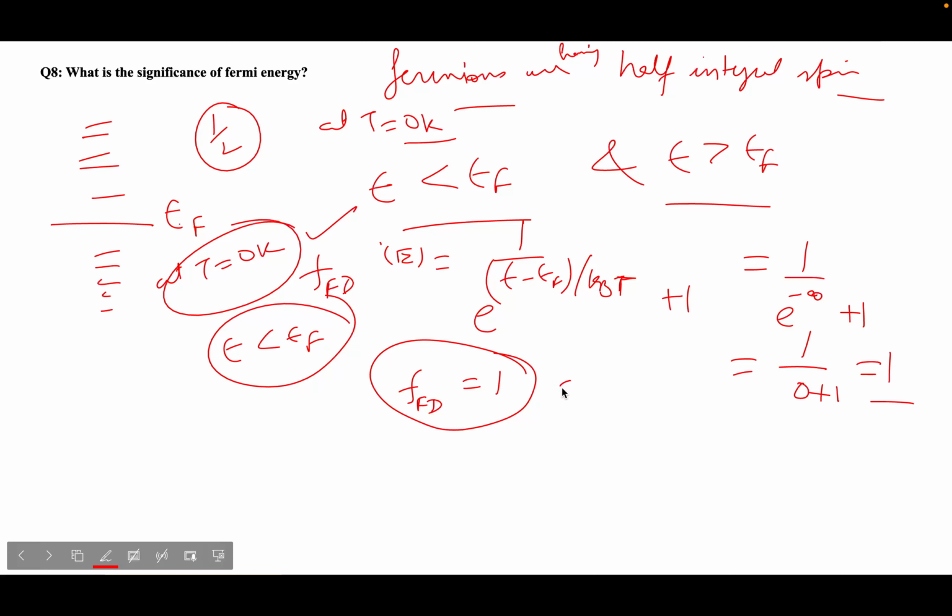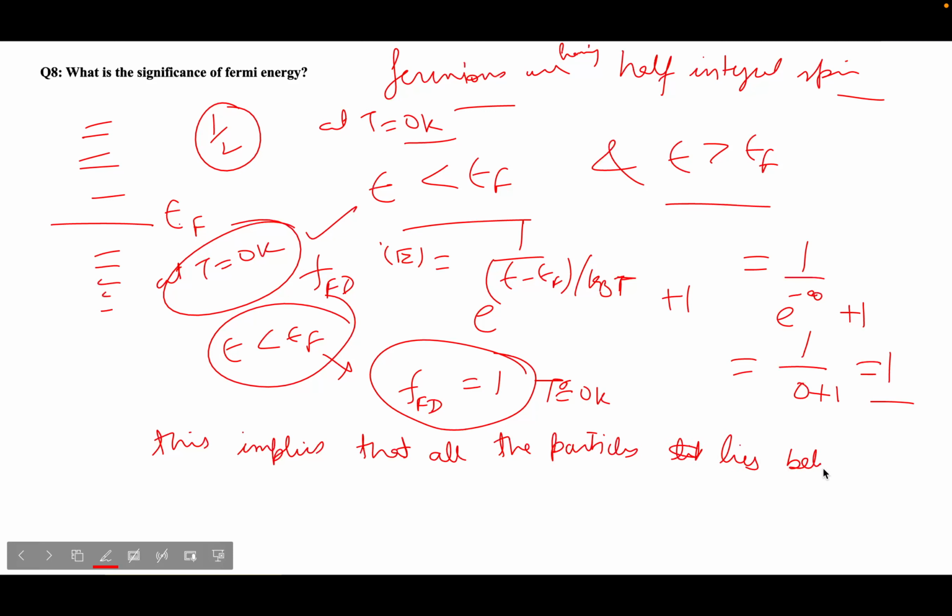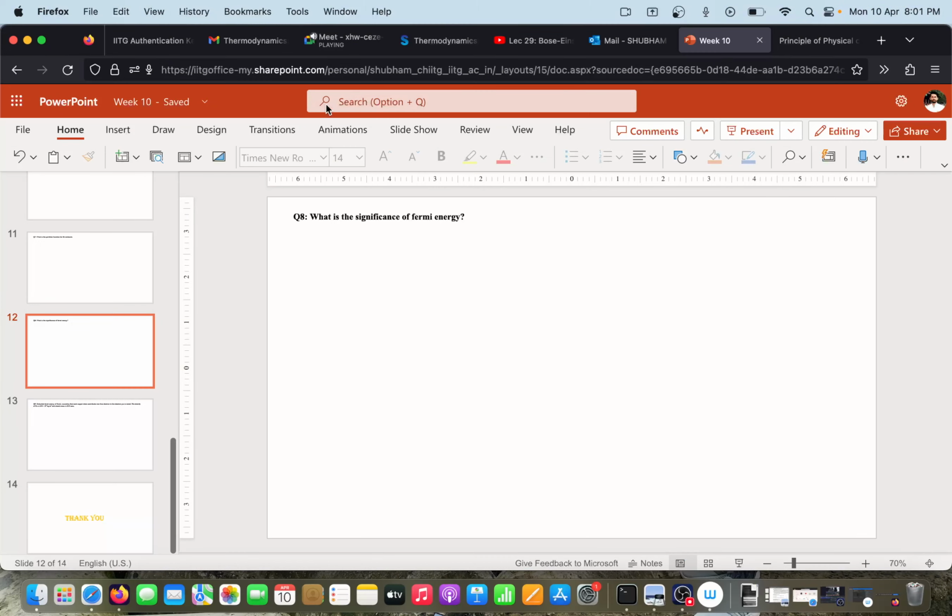This implies that at temperature T equal to 0 Kelvin, all the particles lie below the Fermi level.